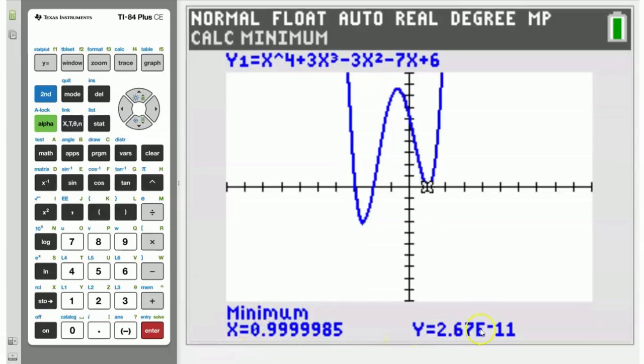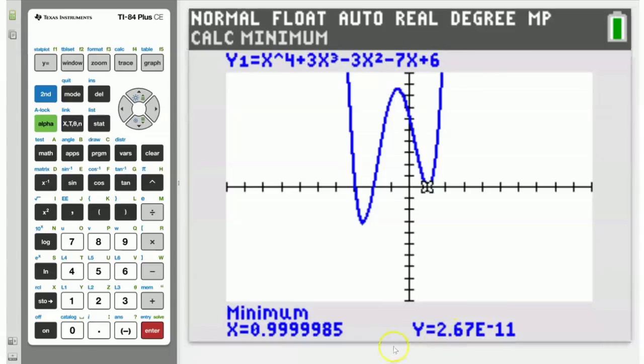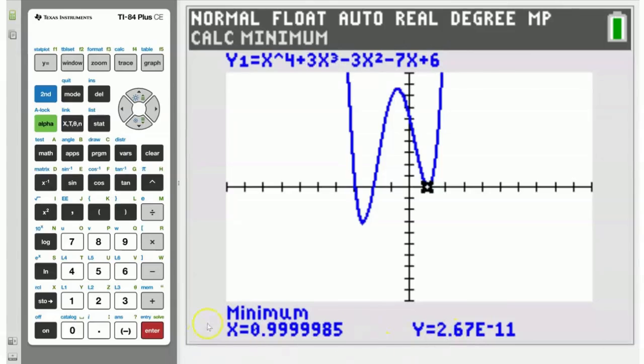And that one, if you ever see E to a negative number, this is the calculator's way of trying to write this in scientific notation. Because this is like 2.67 times 10 to the negative 11. Think about it, if you moved your decimal point 11 spaces to the left, what is that going to round to? 0.